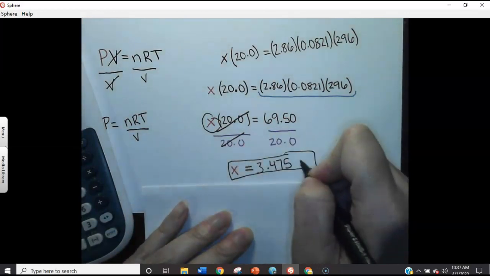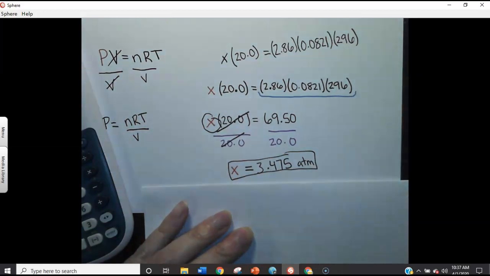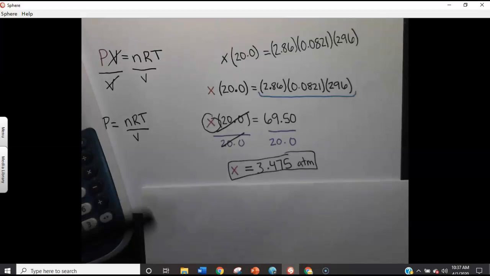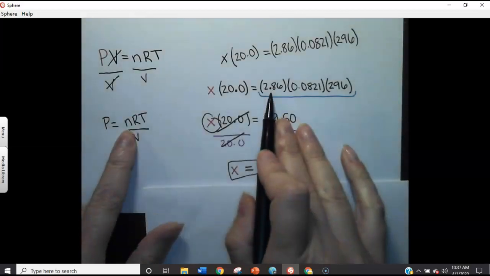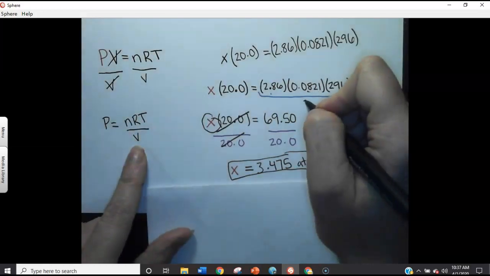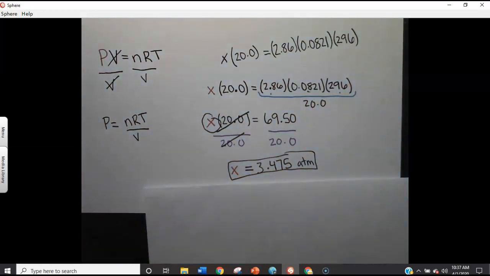And that would be ATM. Okay, that's how we solve it. You'll notice what I did over here, N times R times T divided by volume 20. You'll get the same answer that way.